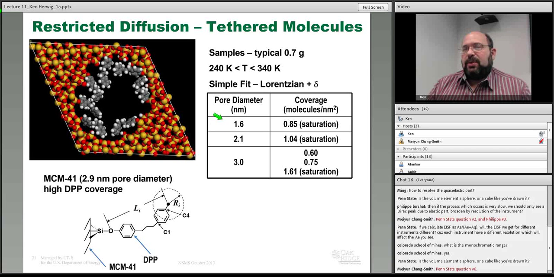So some of the particulars, in this case, we looked at pore diameters that range from about 1.6 to 3 nanometers. And I'll warn you later on that sometimes I switched back and forth from nanometers to angstroms and forgot to move the decimal point. So sometimes I called it 16 nanometers. That should really be 1.6 nanometers. And we could control how many DPP molecules we attached to the surface.